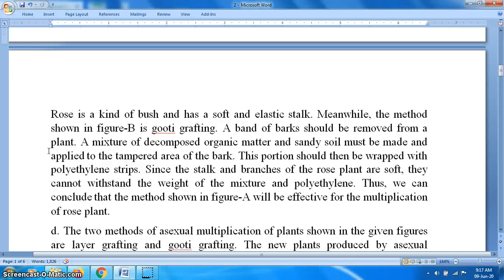This portion should be wrapped with a polythene strip. Since the stalk and branches of the rose plant are soft, they cannot withstand the weight of the mixture and polythene. Thus, we can conclude that the method shown in figure A will be effective for multiplication of rose plants.